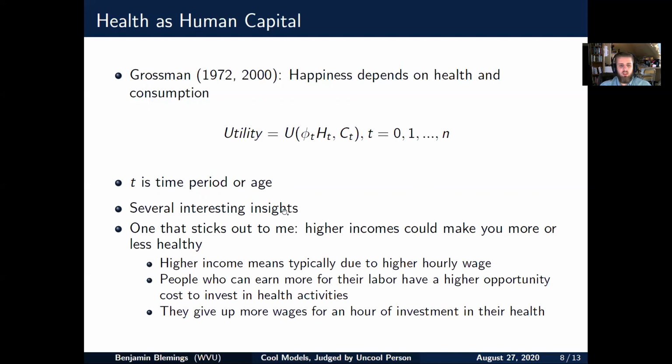One really interesting insight to me is that higher incomes can make you more or less healthy. That's because your overall consumption and health consumption is influenced by how much money you make.